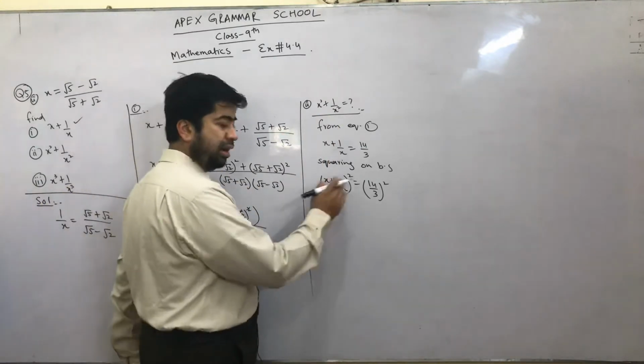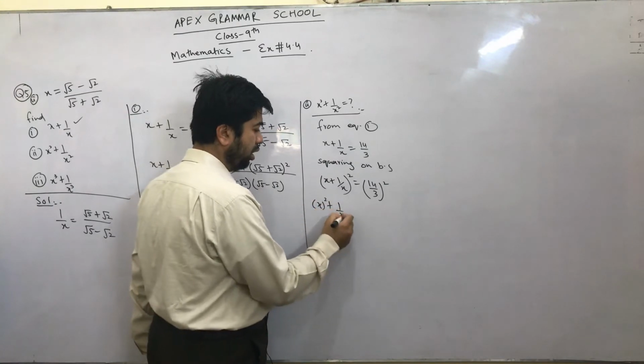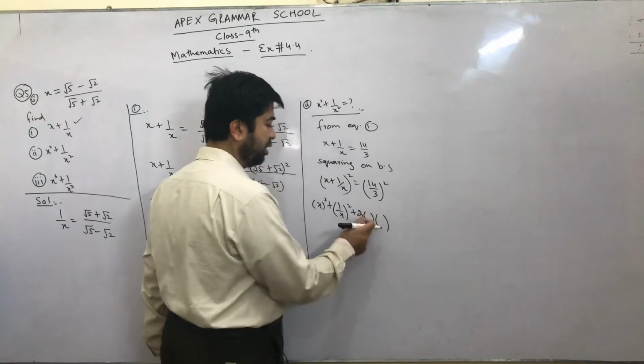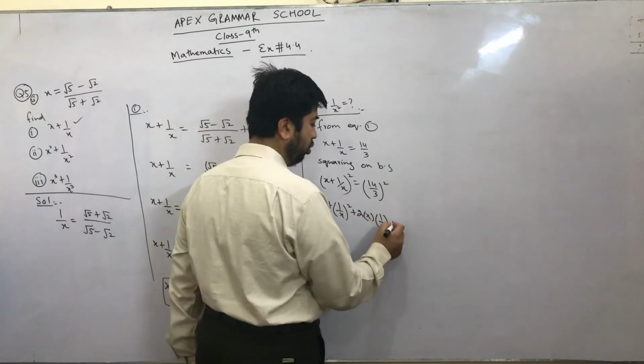So open it, a plus b whole square type, like a square plus b square plus 2ab. What is the value of a? x. What is the value of b? 1 over x. Is equal to, what is the value?